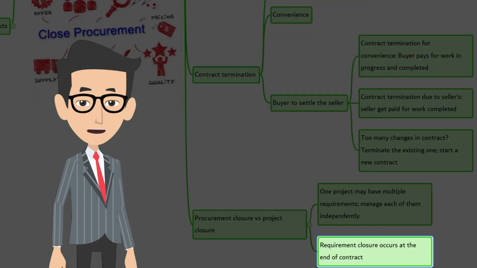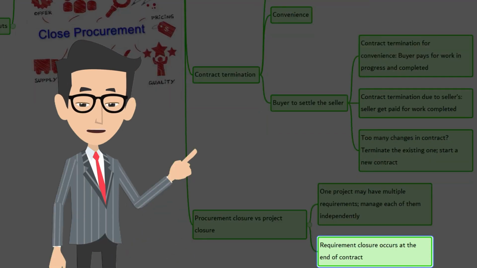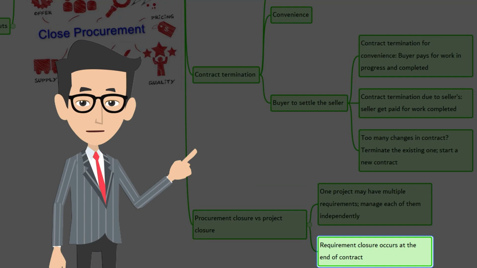Once the foundation phase is completed, you have to close the procurement of that particular special brick, but you will continue the procurement contract for cement because you need it for the next phases. Every procurement must be handled independently. You may have other procurements running, you will not close those.